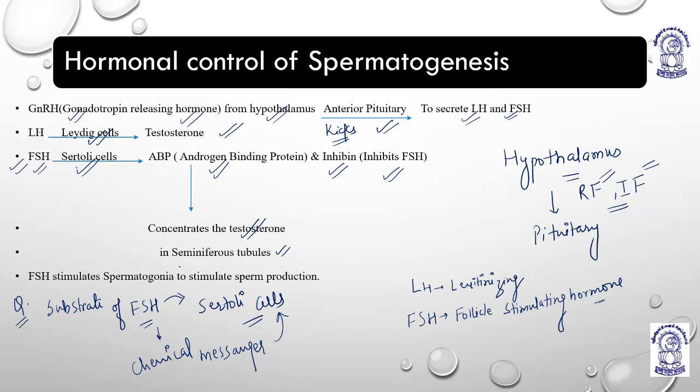FSH, the follicle stimulating hormone, also helps to stimulate spermatogonia to form more and more sperm, right? Actually, follicles are part of gonads, whether we talk about the male gonad or a female gonad. These follicles are under the control of the anterior lobe of the pituitary, which specially secretes hormones that are mostly proteins or glycoproteins.